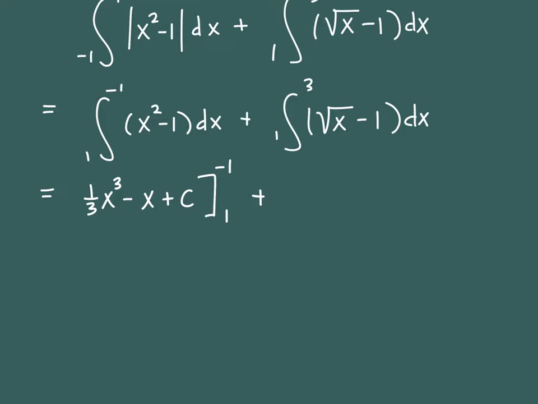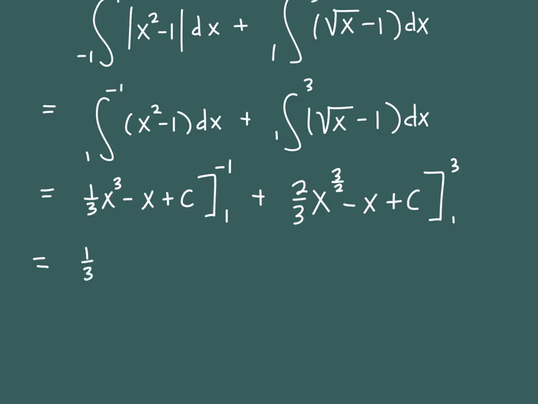We should know how to do this, remember, square root is x to the half. So the antiderivative of x to the half, I'll have x to the 3/2 times 2/3 minus x plus c. And that's going from 1 to 3. And then you're going to evaluate each of those.